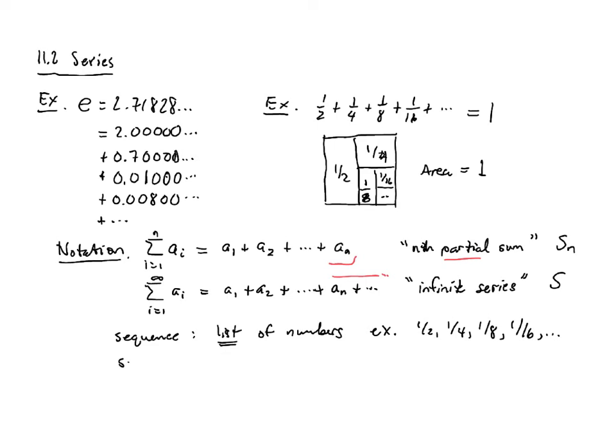And then we have the series associated with that sequence, which is the sum of those numbers, for example 1/2 plus 1/4 plus 1/8, and so on. Notice the difference in notation. Here I would use the curly brackets, {an}, to denote the list of numbers, and here I would use the summation notation.